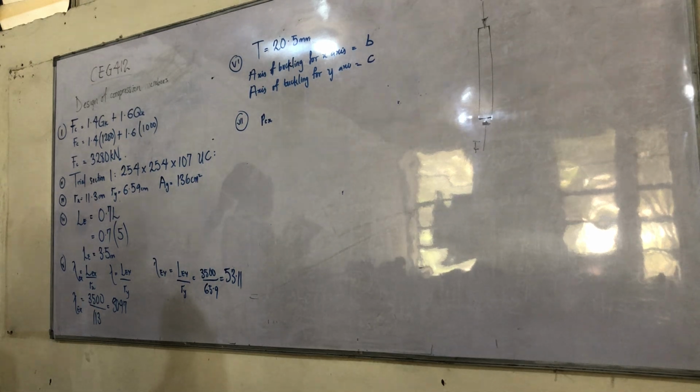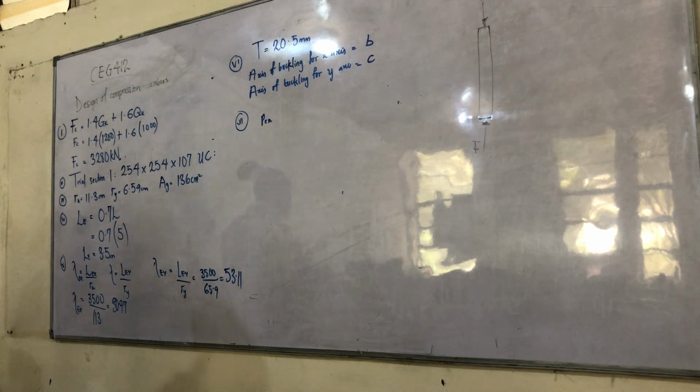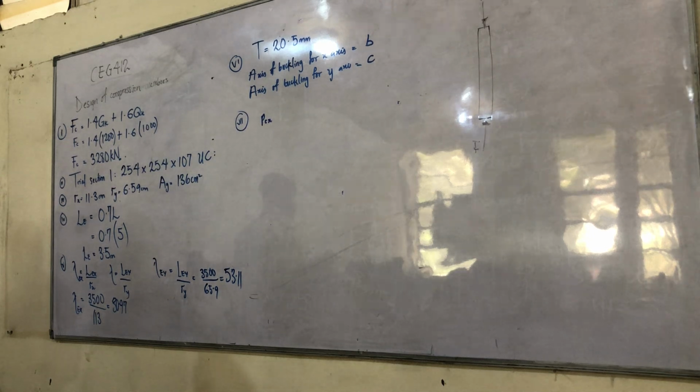Read what is on top. The next table says value of PC with lambda greater than or equal to 110 for a strut curve A. Does it satisfy it? Go to the next table. So now the next table says what? Values of PC with lambda less than 110 for strut curve what?